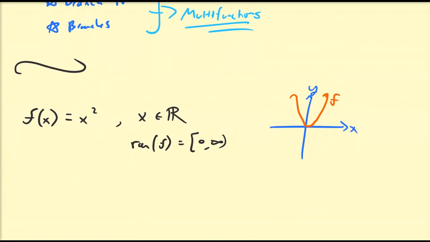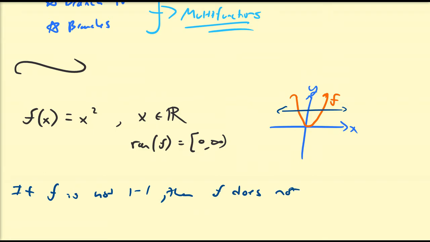So a couple of things about this function that we already know is that f is not one-to-one. That is, it does not pass the horizontal line test. So if the function is not one-to-one, then we know that f does not have an inverse function, right?